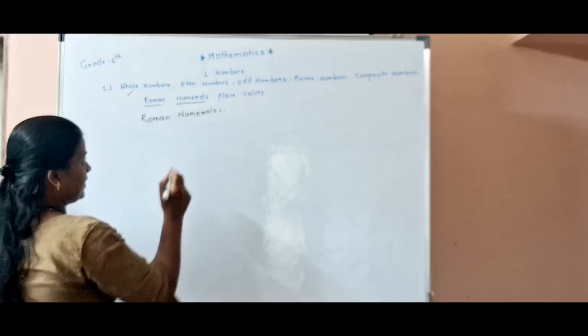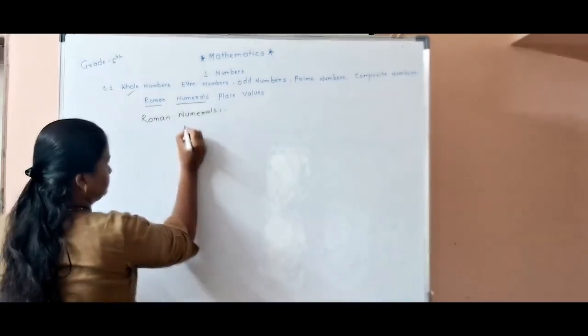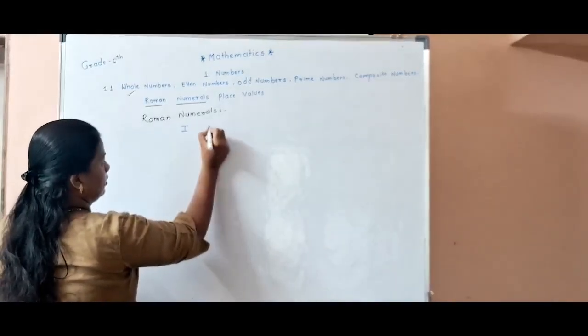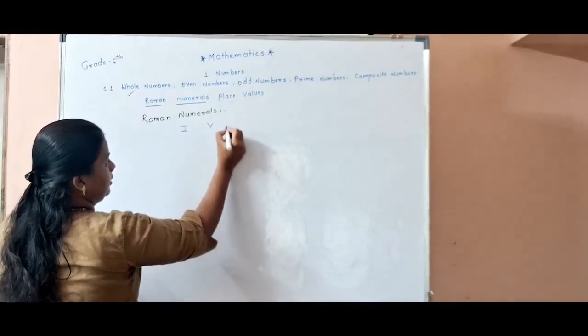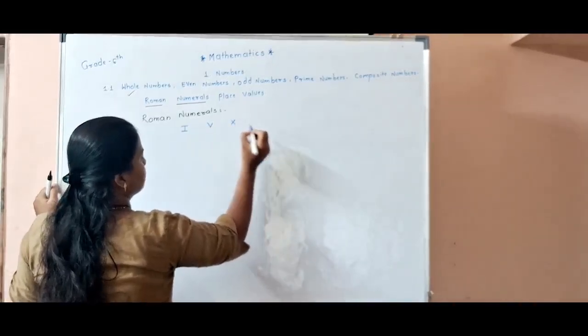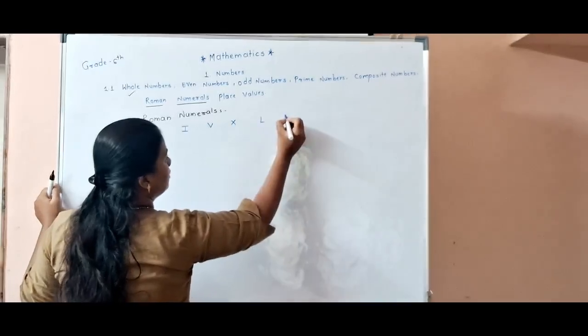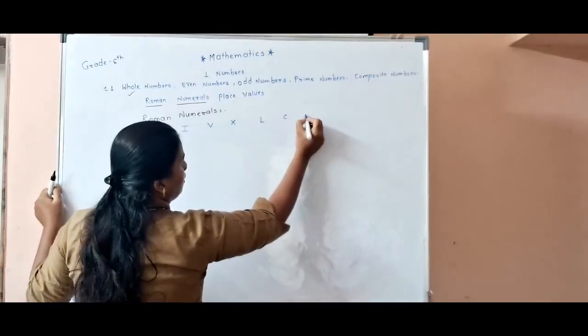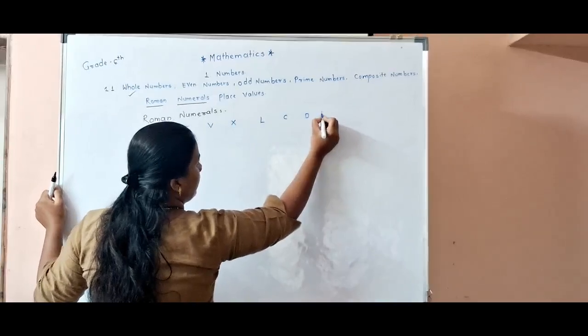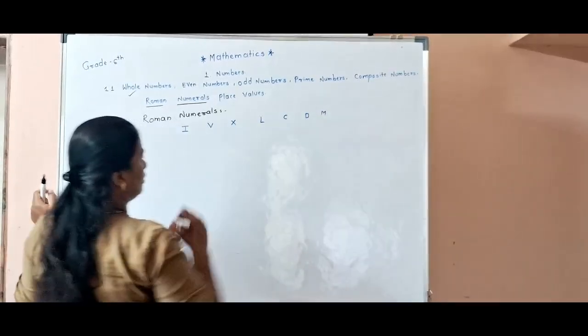So which are they? That is I, V, X, L, C, D and M. Okay, these are Roman numerals.